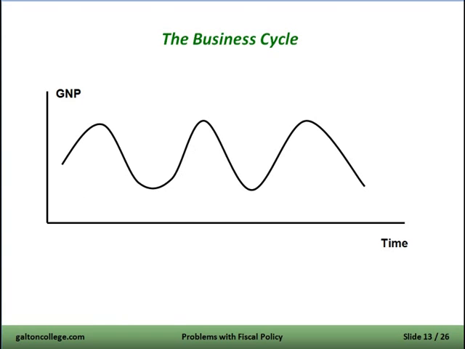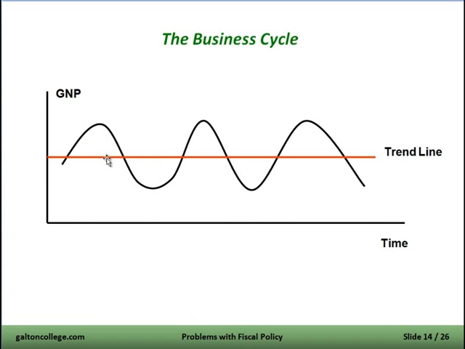In an ideal world, of course, what we would like to see is a smooth line. That would be pretty good, because now we don't have this boom period where there's inflation and overtime working and lots of problems in the economy. Down here we don't have mass unemployment or increasing poverty.